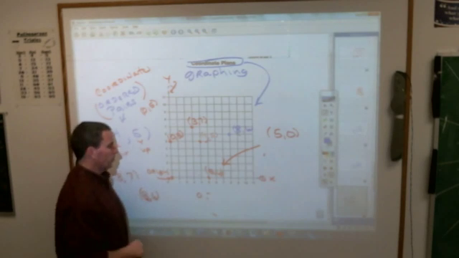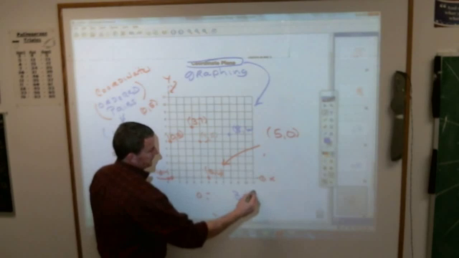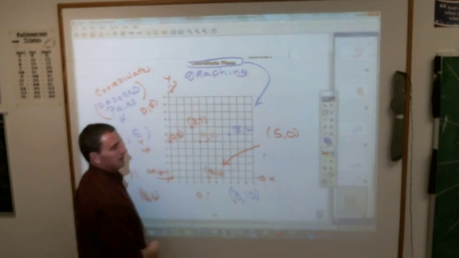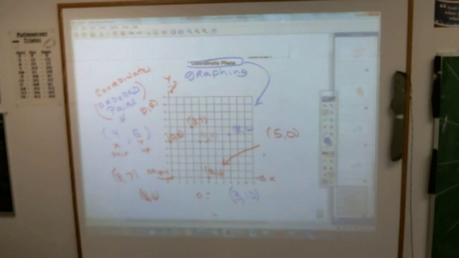Let's do another one. What about 3, comma 10? Where is the point 3, comma 10? Make sure you label it, and make sure you put a parenthesis around it as well.